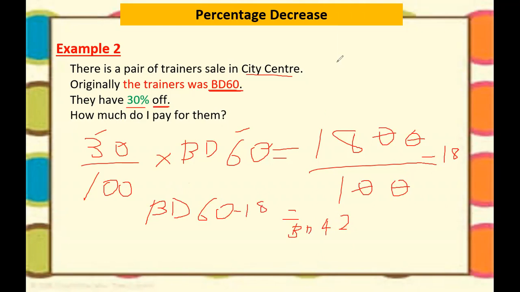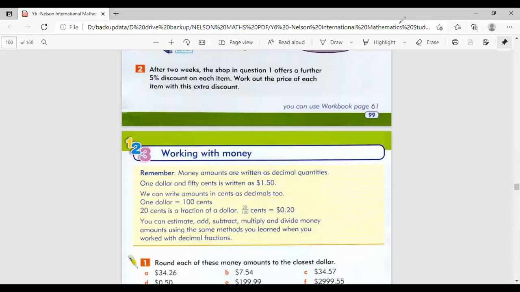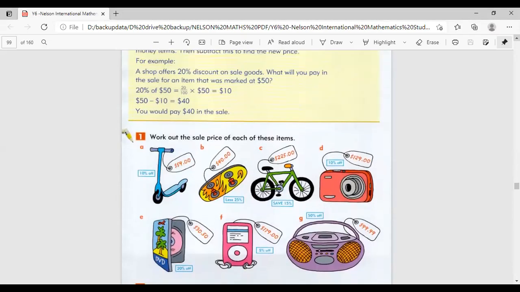Okay. Now, I want you to open your textbook to page 99. On page 99, you will see these questions. So we will find how much the discount is.